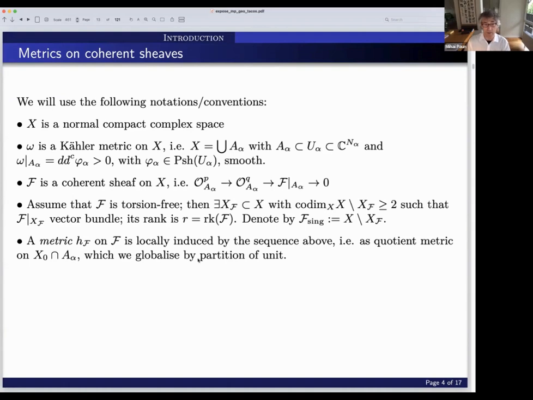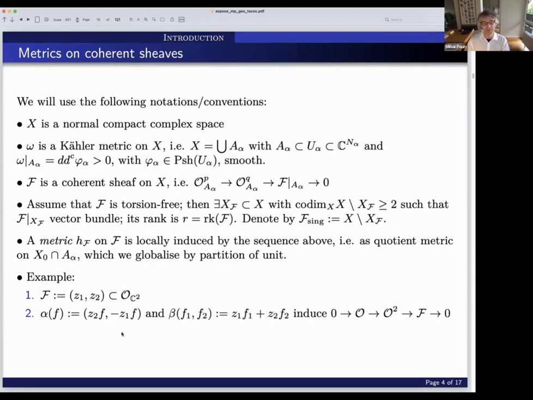And we globalize this local construction by a partition of unity. Wonderful. And so I computed here an example for you. If we give ourselves this sheaf here, then we have the usual resolution given by these maps.